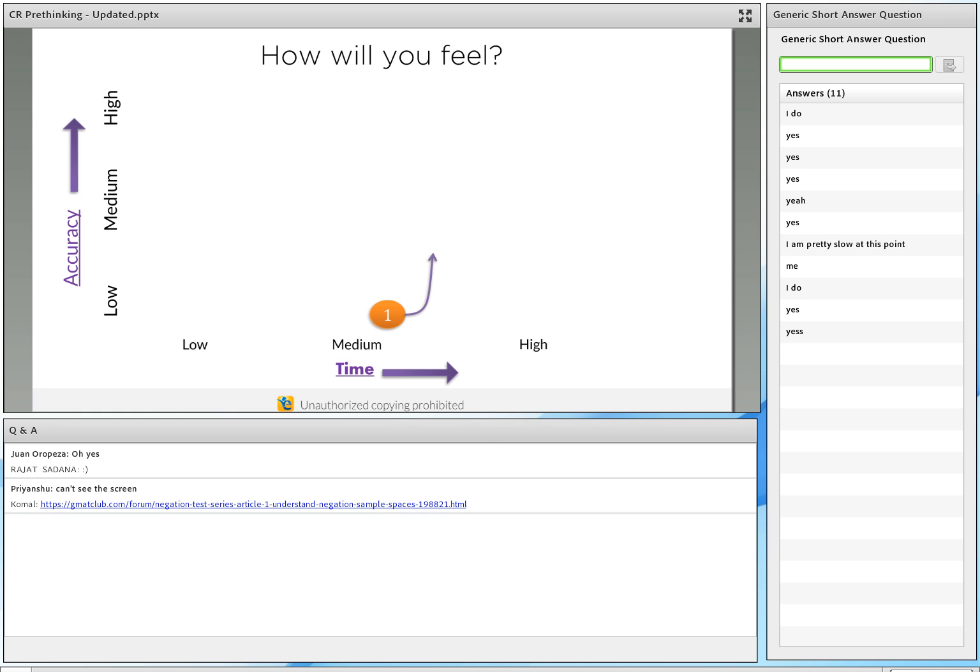Let's look at this piece over here. This is the journey that you're going to have. Let's say you're someone who's starting at point number one, where your accuracy is low and your time to answer questions is medium. These are relative numbers over here, not absolute, because given the 100 people in this class, everyone's going to be at a different point.